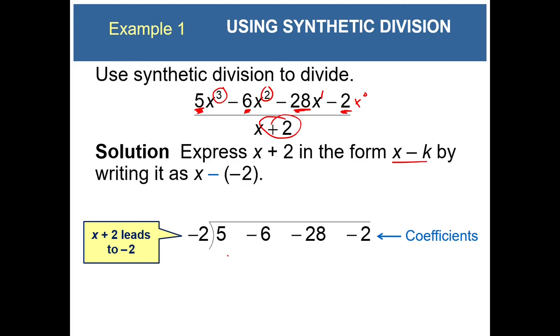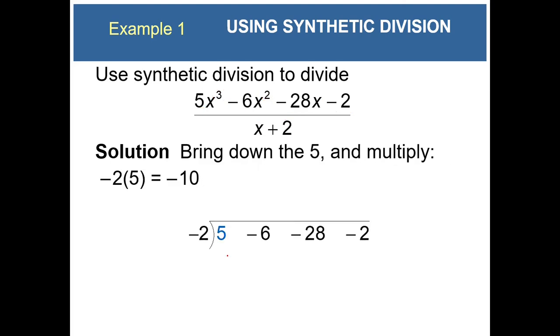So we're going to start by bringing down the 5. And then we're going to multiply that by negative 2. 5 times negative 2 is negative 10. And we're going to put the negative 10 under the next column, negative 6. So we're going to add now.